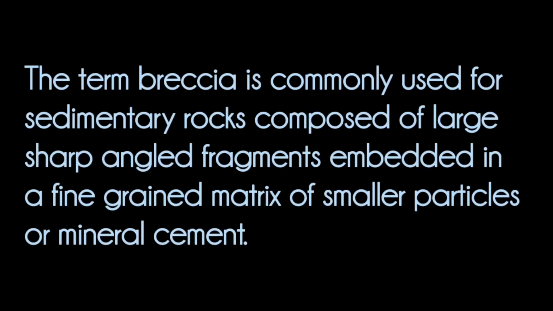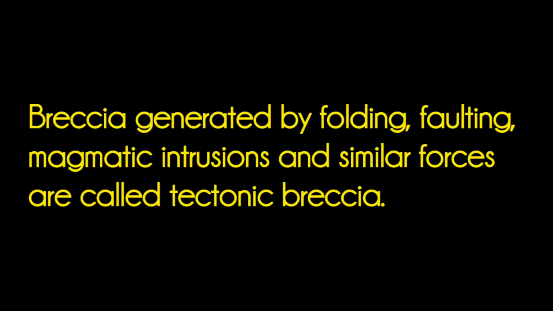The term breccia is commonly used for sedimentary rocks composed of large, sharp-angled fragments embedded in a fine-grained matrix of smaller particles or mineral cement. Breccia generated by faulting, magmatic intrusions, and similar forces is called tectonic breccia.